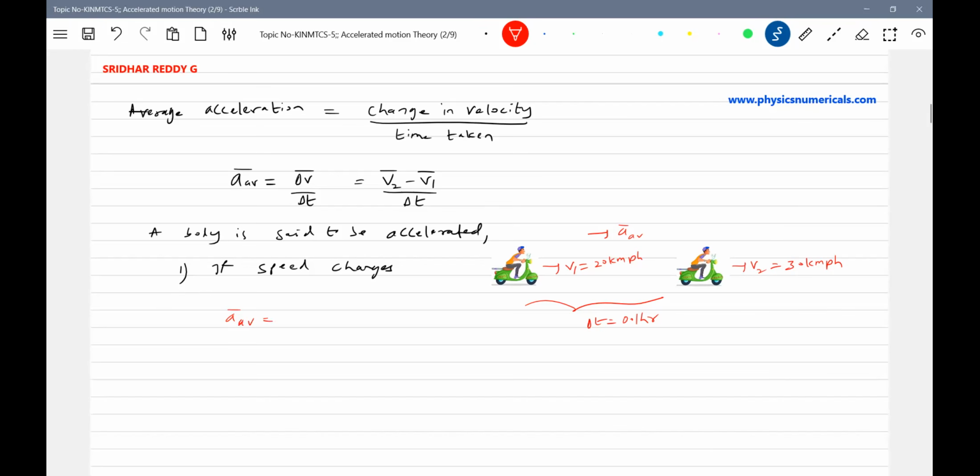Average acceleration is equal to V2 bar, which is how much? 30 i cap kilometer per hour, minus 20 i cap kilometer per hour, by what is the time? 0.1 hour.